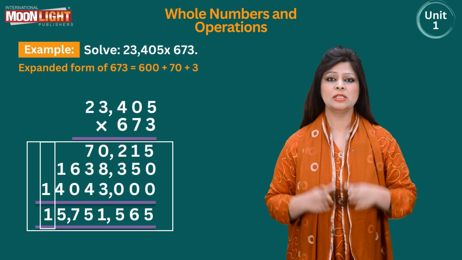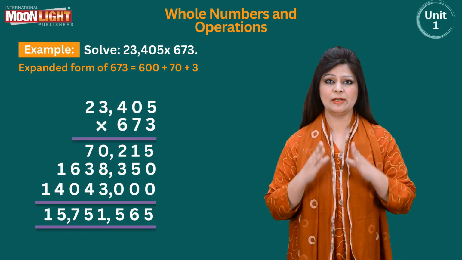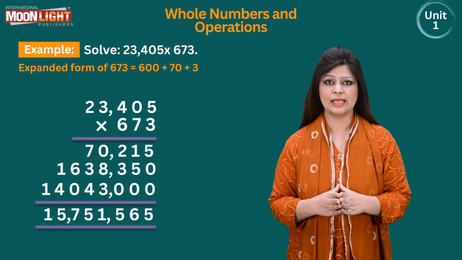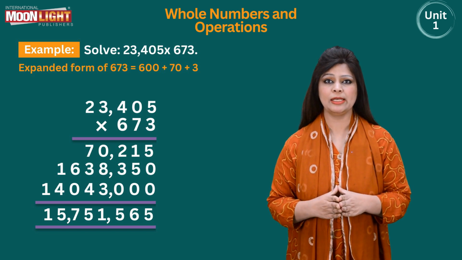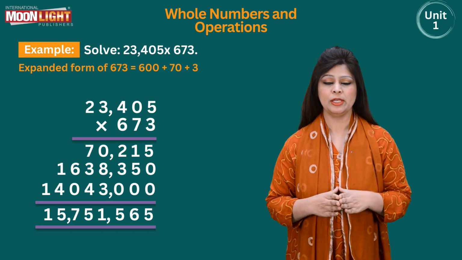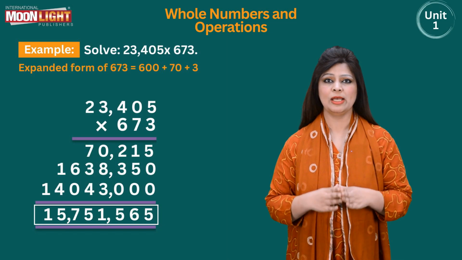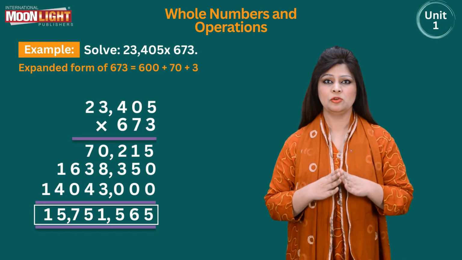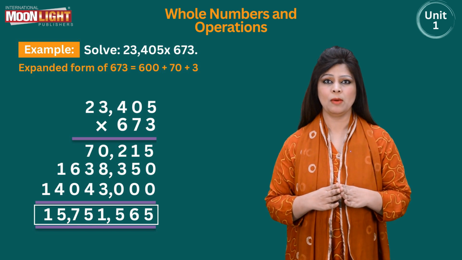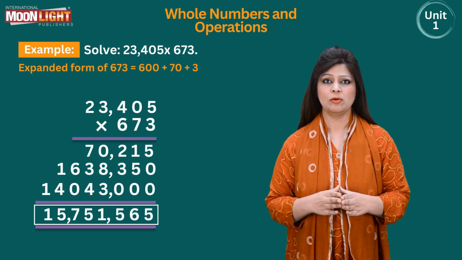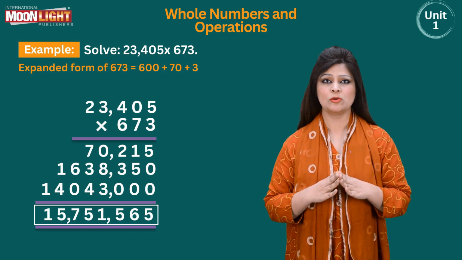Now this is a really very important thing which I told you before in my previous lectures as well, that we are going to write down the commas according to the International Place Values system. Starting from ones, we need to count 3 digits and write a comma, and again we need to count digits and then place commas.